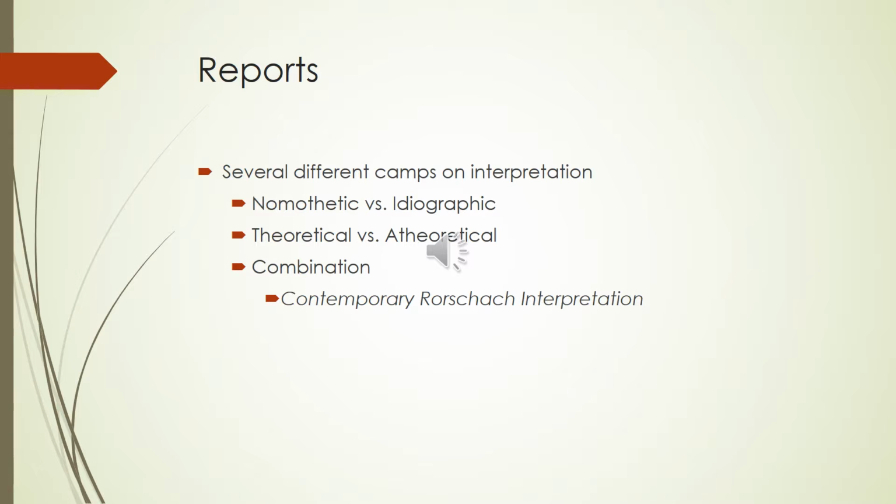There are those that believe that the Rorschach Inkblot test should be designed and administered atheoretically for more diverse use. Others believe in utilizing the test within their own theory or within the theory it was originally designed under. Still others are more moderate in combining the two options. One current popular method of scoring and interpretation can be found in the contemporary Rorschach interpretation.